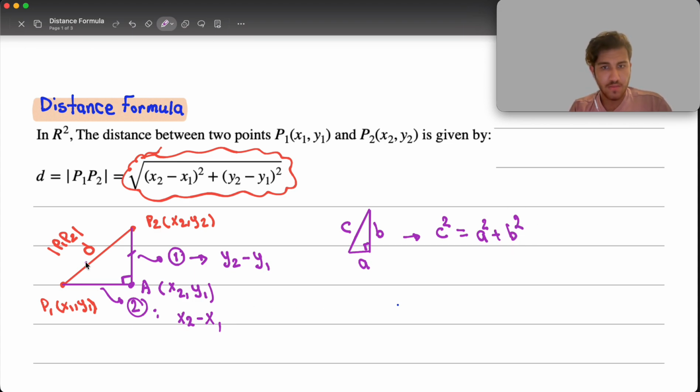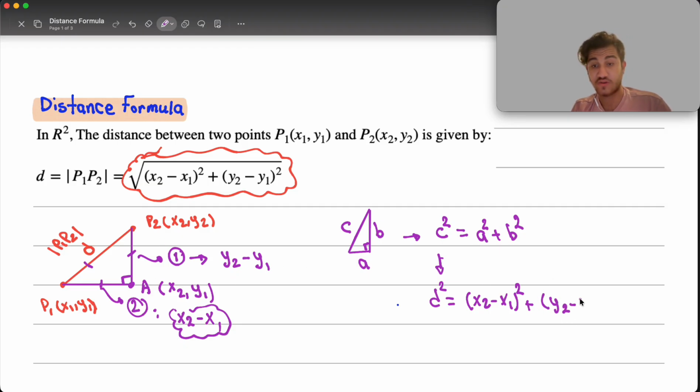Now, my hypotenuse, or c, is the distance, or d. So d squared is equal to, this is going to be my a, x2 minus x1 all squared, plus this is my b, the first side, y2 minus y1 all squared, is equal to d squared.